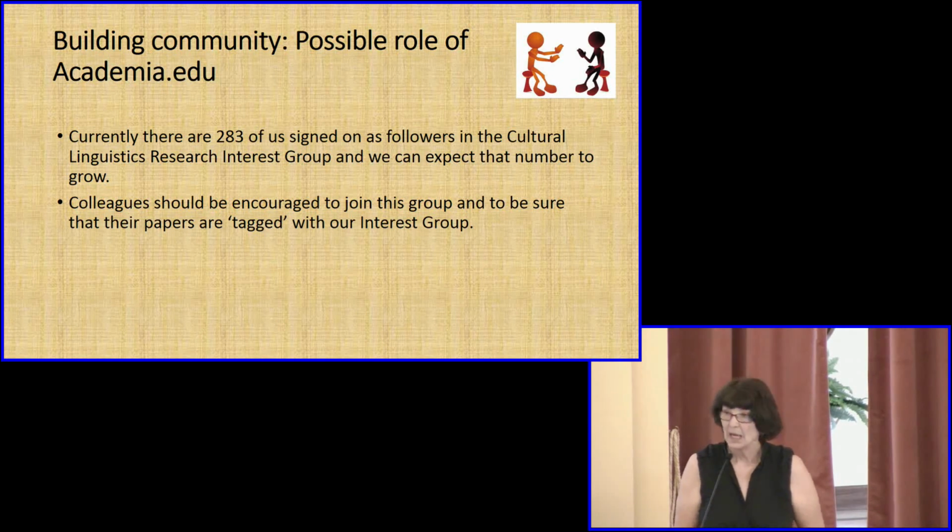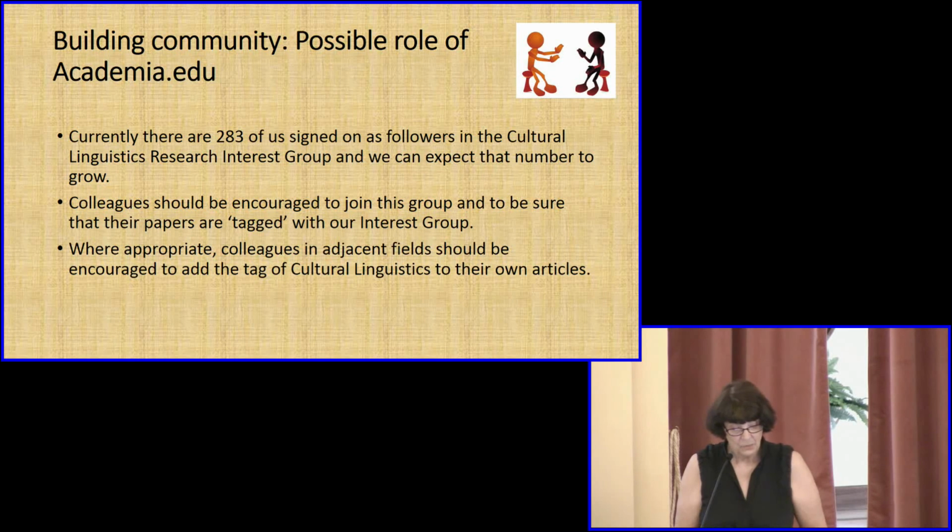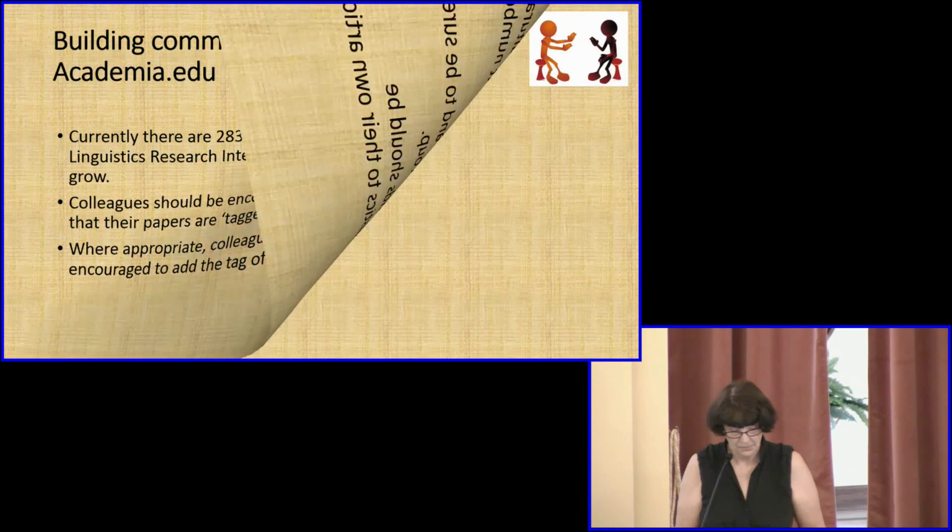At the same time, I'd really encourage us to bookmark the papers that come out of our colleagues. This helps others get to see what we are doing. It's a way of promoting the field. Then, where appropriate, colleagues in adjacent fields should be encouraged to add the tag cultural linguistics to their own articles.